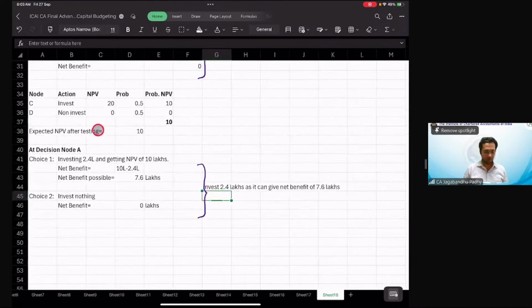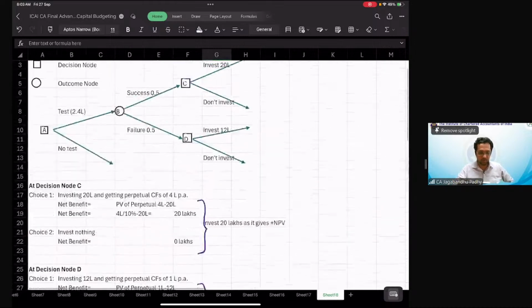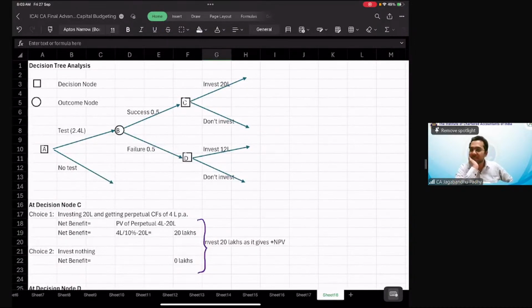Okay. So at node A, you have a choice. If you invest, you get a benefit of 7.6 lakh. If you don't invest, if you don't launch the product, then you're going to have a benefit of 0 lakhs. So of course, we are going to go for a positive number, and therefore we are going to invest 2.4 lakh as it gives us a net benefit of 7.6 lakhs. Okay. Is the decision tree analysis clear, guys?